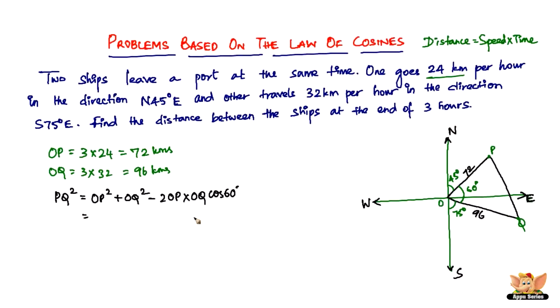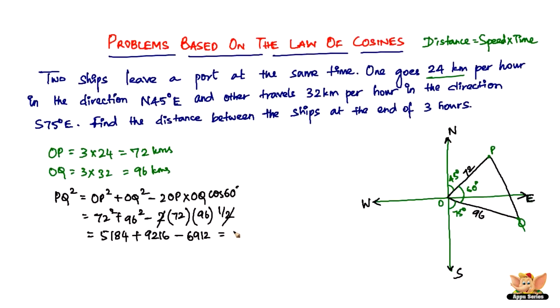So now we have OP square, which is 72 square, plus OQ square, which is 96 square, minus 2 times OP, which is 72, times OQ, which is 96, times cos 60 degrees, which is nothing but 1 by 2. The 2 and the 2 get cancelled. And then we have 72 square is 5184, plus 96 square is 9216, minus 72 times 96 is 6912.